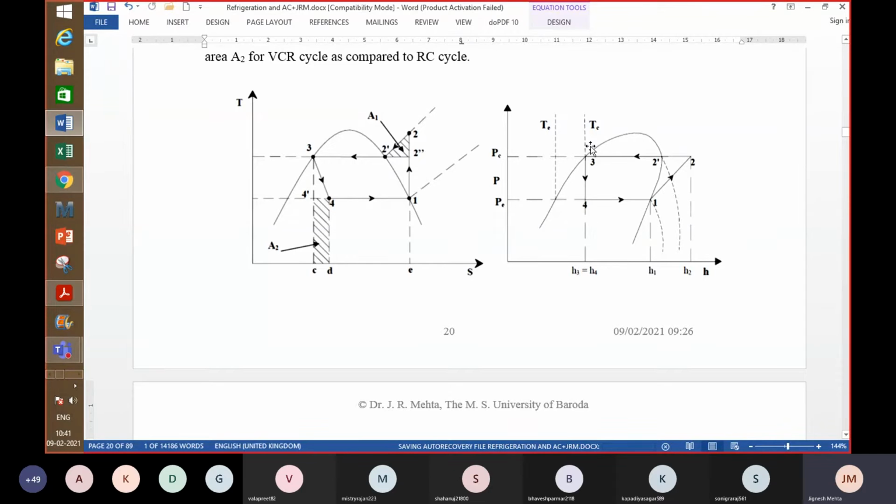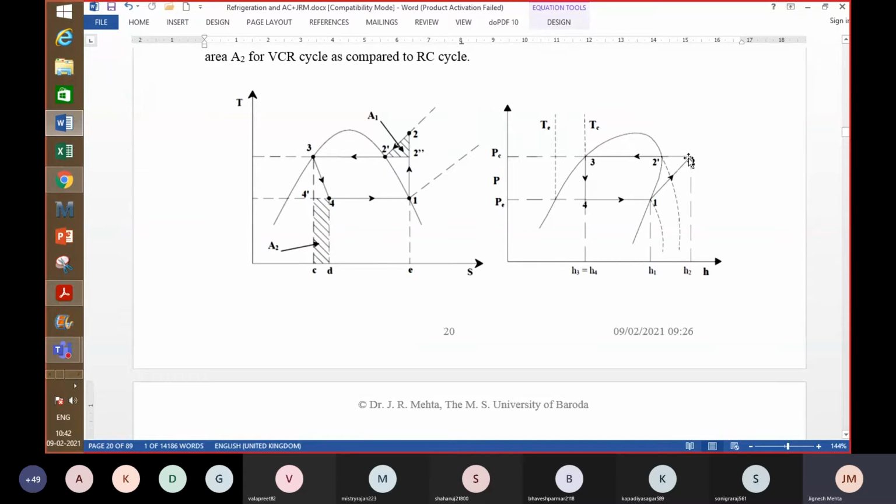So the compression process is isentropic, as seen in the TS diagram. The isentropic lines on the pH chart, pressure enthalpy chart, are like this. They are slant lines, actually not exactly lines, they are curves, but it is shown as a straight line here. The curvature is not too high also for a small change as compared to the whole range of the chart.